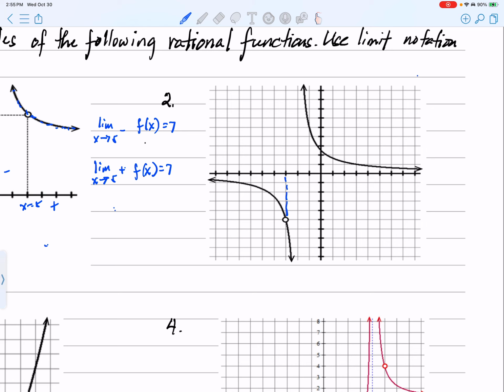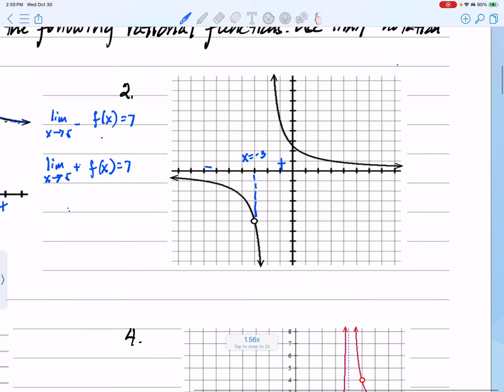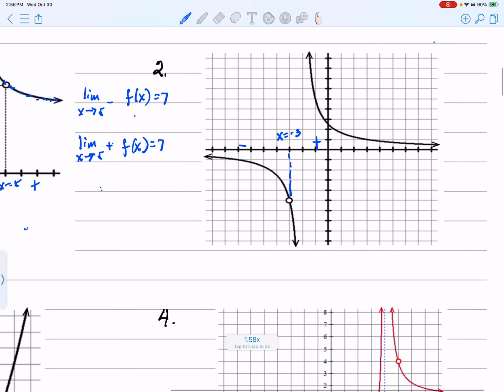1, 2, 3, at x equals -3. So we're going to find the y value from right and from left. All right, we're going to write the limit notation.